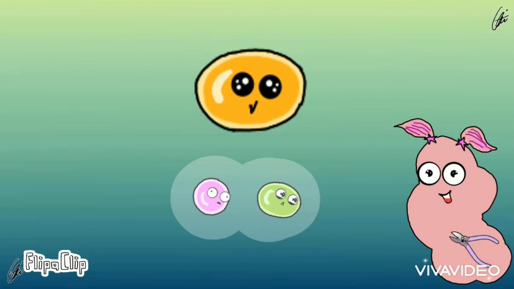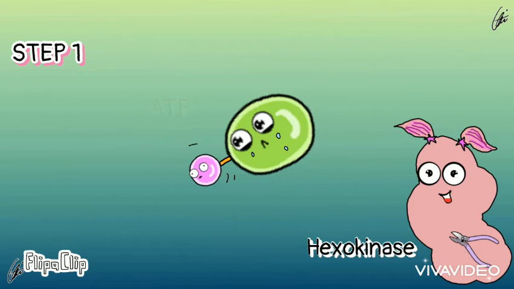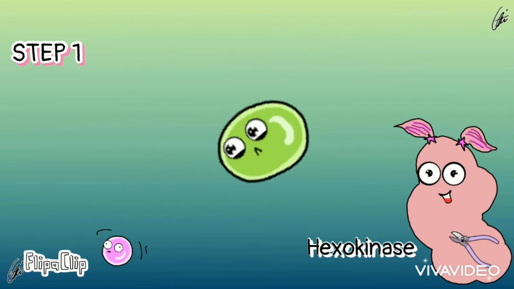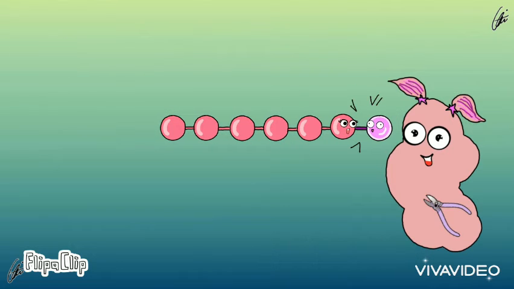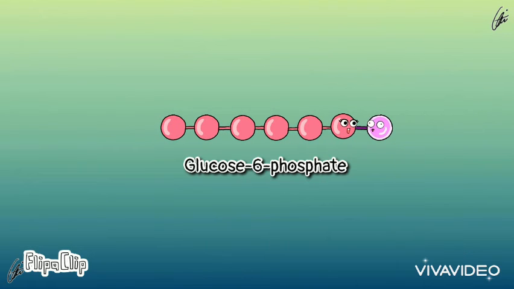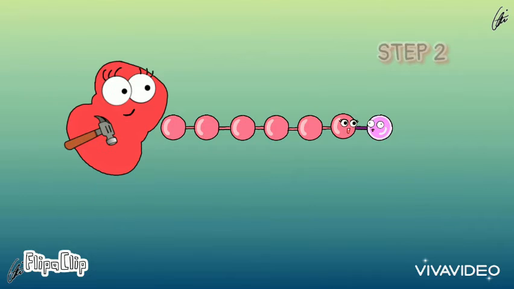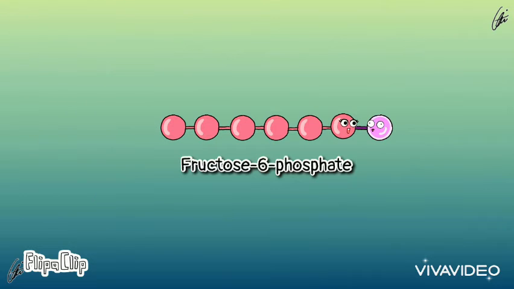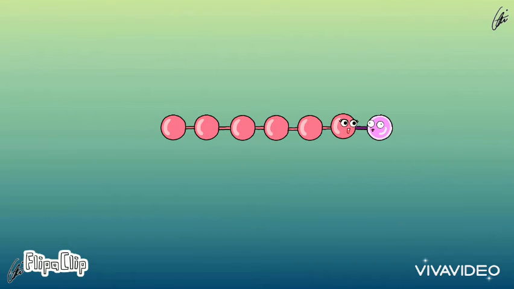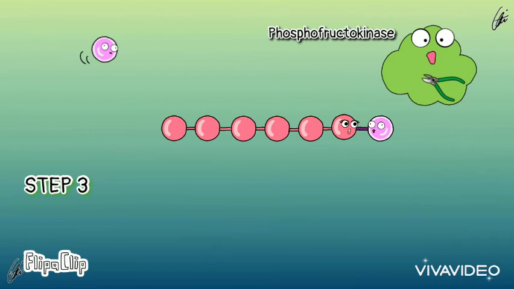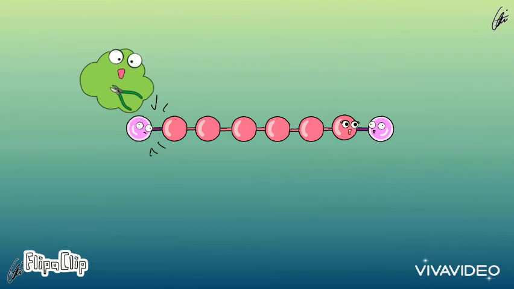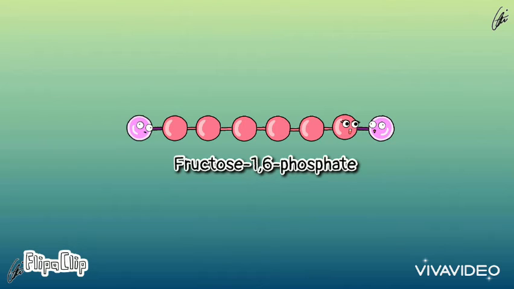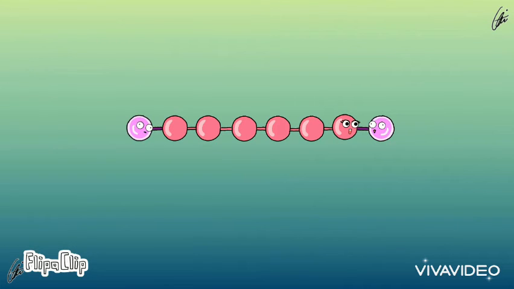Now this is glucose. Hexokinase will take the phosphate from the ATP and bind it to the 6th carbon of glucose, forming glucose 6-phosphate. Then, phosphoglucose isomerase changes the structure, and fructose 6-phosphate forms. Next, phosphofructokinase will take the phosphate from the ATP and bind it to the first carbon, and fructose 1,6-bisphosphate forms.